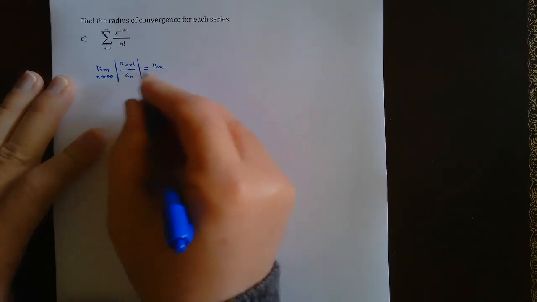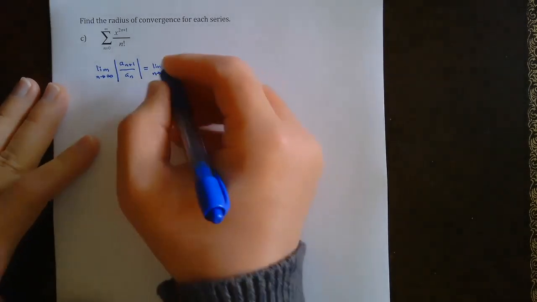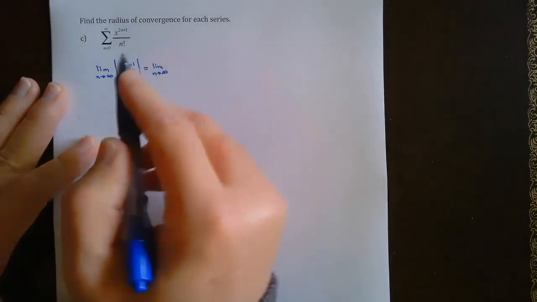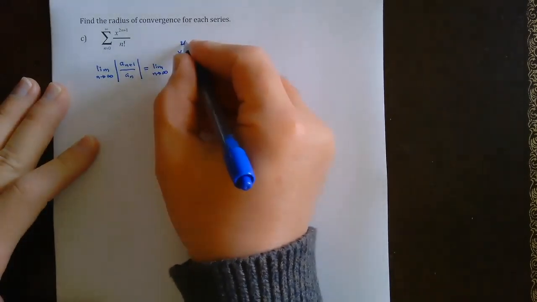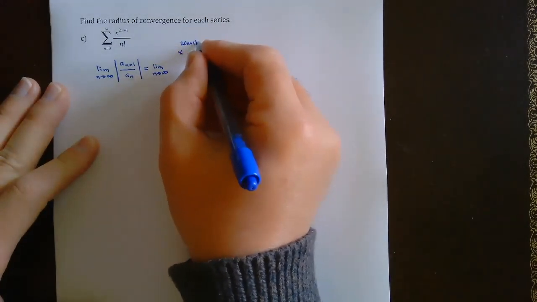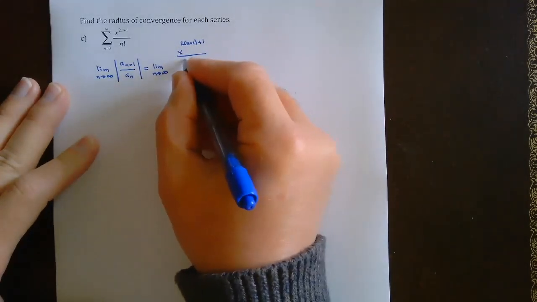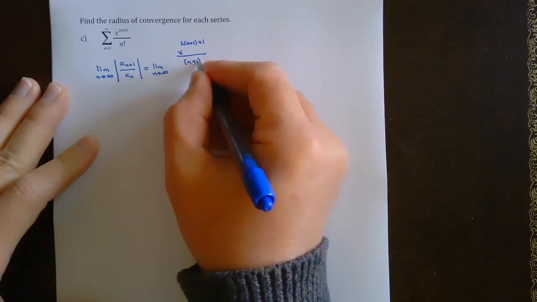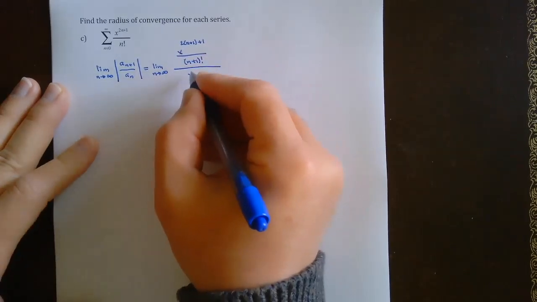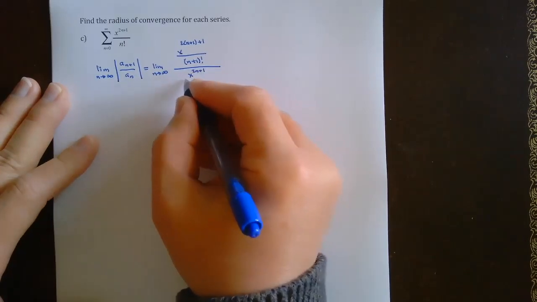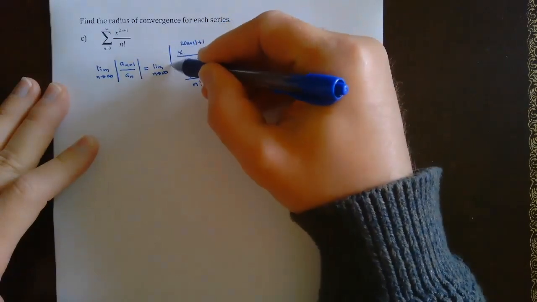By the way, we want to write this: the limit as n goes to infinity of x to the 2 times (n plus 1) over (n plus 1) factorial. So we need to put parentheses around the n plus 1 factorial, and then a big fraction bar, and then x to the 2n plus 1 over n factorial, and then a big, huge absolute value.